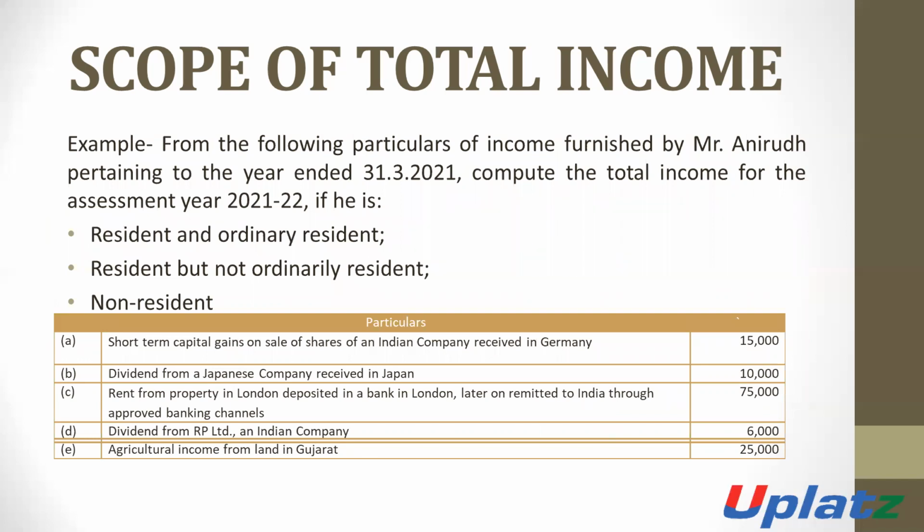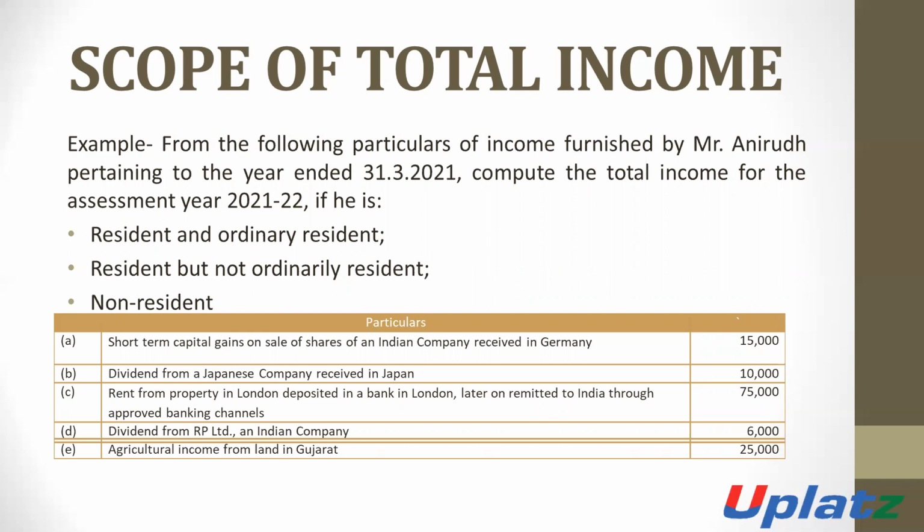Now, for the purpose of this, we will discuss an example. From the following particulars of the income furnished by Mr. Anirudh pertaining to the year ended 31st March 2021, compute the total income for the assessment year 2021-22.